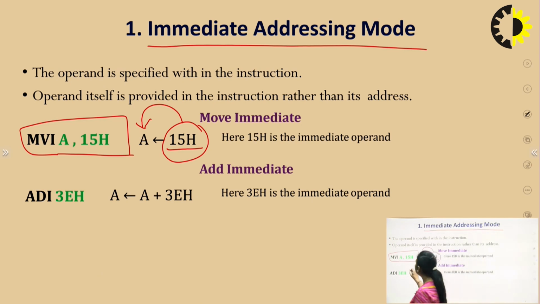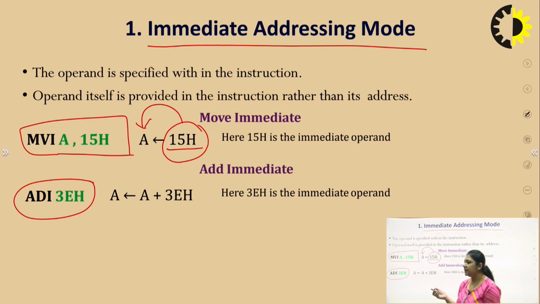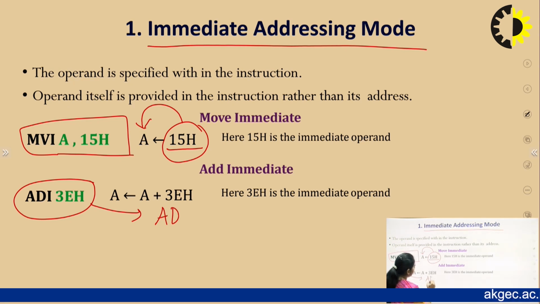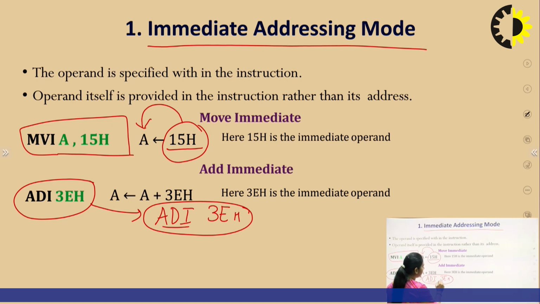Next, ADI. ADI instruction means add immediately. Like in add immediately, or add instruction or arithmetic and logical instruction, one of the operands is fixed, and that is our accumulator. So that is why you will see in every arithmetic and logical operation instruction, there will be no two registers or no other register given. Suppose here also it is ADI 3E. The register is not mentioned, and this instruction means add immediately 3E.